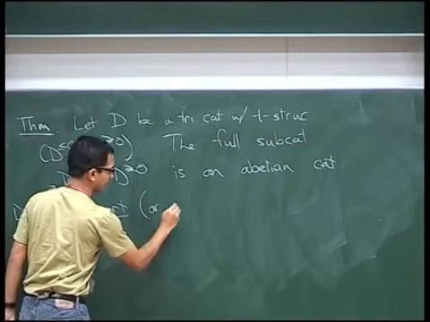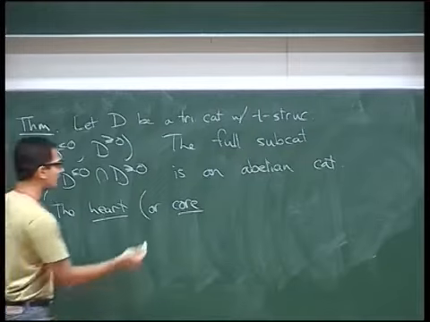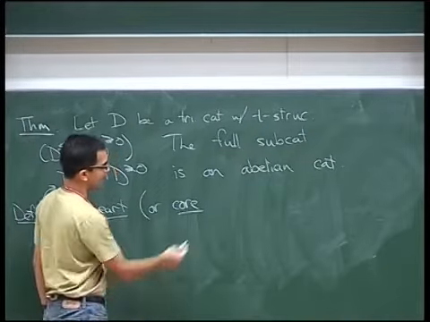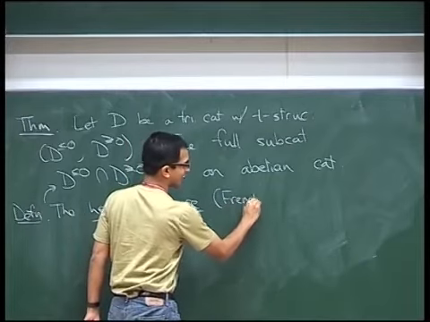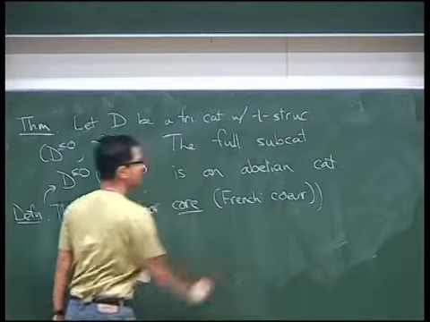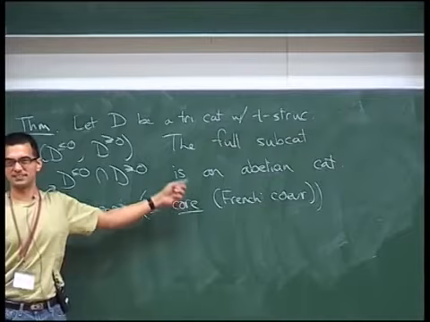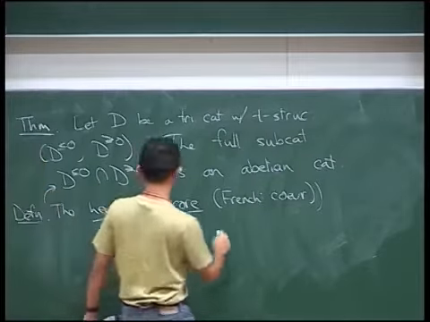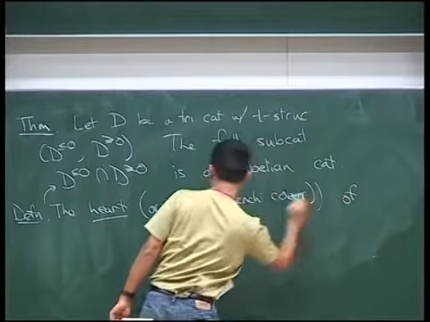Sometimes it's called the core, and then, well, I guess in French it's called cœur. So my conjecture is that, well, cœur means heart, and core seems to be sort of a mistranslation. So anyway, this is the heart of the t-structure.